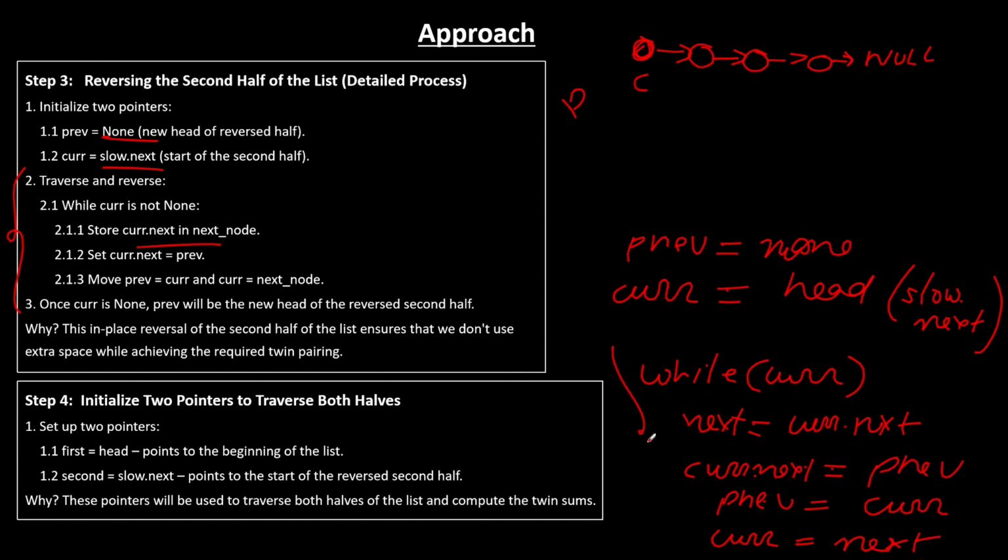Now while current is not null, we will iterate, right? So current.next is this, right? So next will come here. Then current's next is pointing here, right? So we will remove that and we will point current's next to previous. Correct? Then previous gets removed from here. It comes to the current position and current gets removed from here. It goes to the next position. So this will be current.